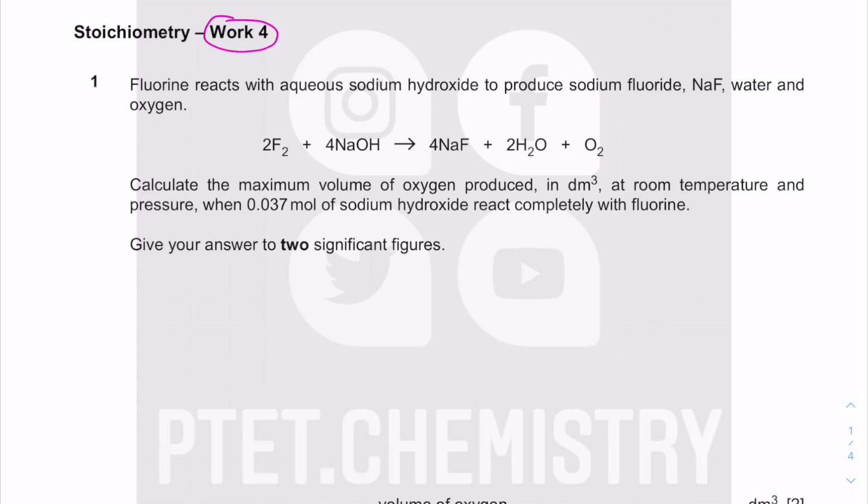So without further ado, jumping straight onto the first question, we have an equation here. This is a fluorine molecule, group 7 fluorine molecule. The halogen exists as diatomic molecules where they form a single covalent bond. And then you have this giant ionic structure, Na plus OH minus. You also have this ionic compound with the giant ionic structure, Na plus F minus.